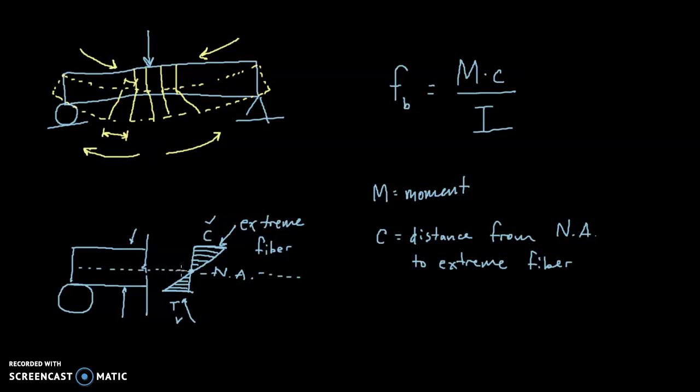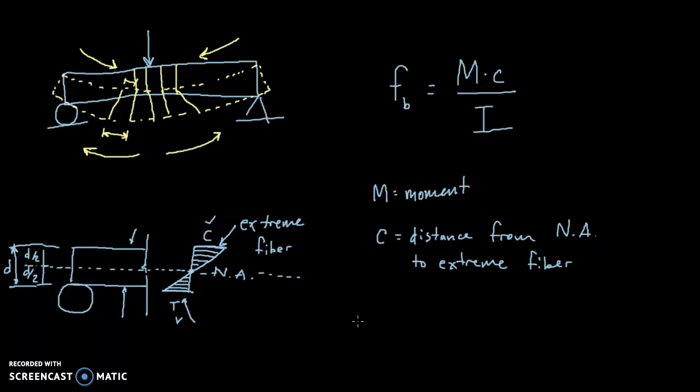And so the neutral axis in that case is going to be in the geometric center. So whatever the depth of the beam is, the neutral axis will be located at d over 2, and the total depth of the beam is d. We tend to use d to describe depth of a steel beam at least.